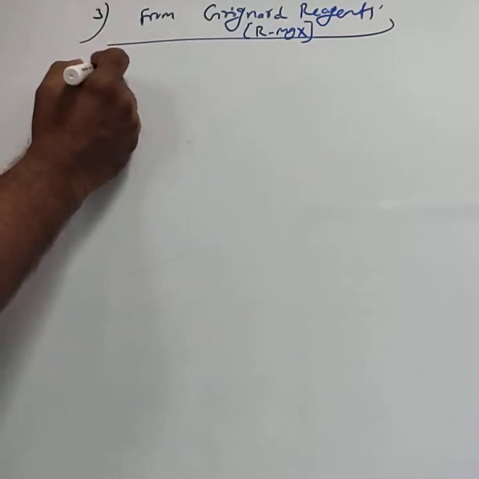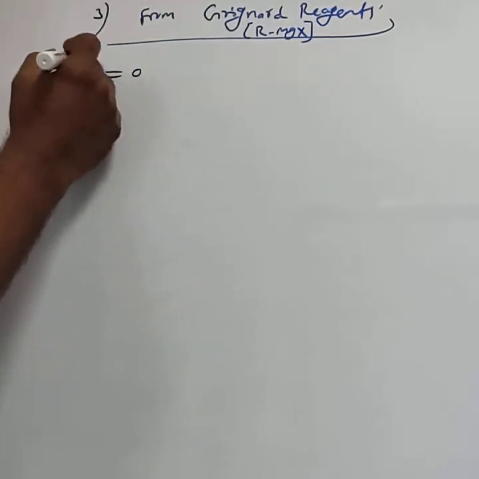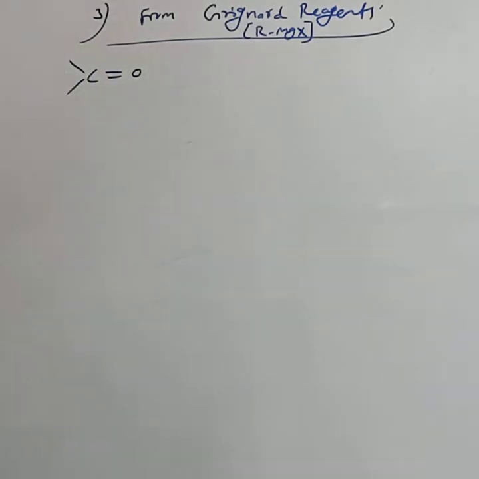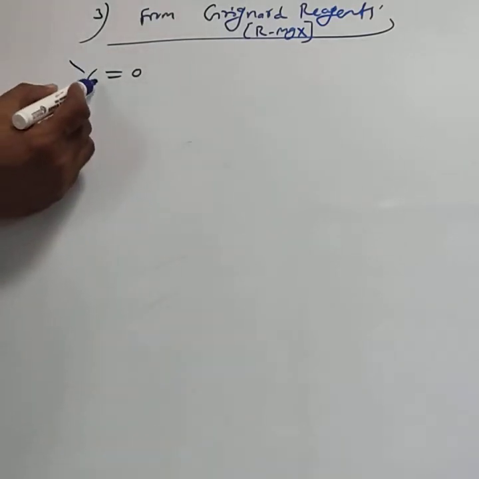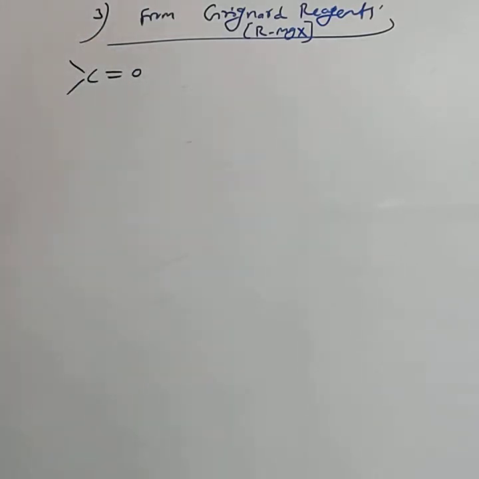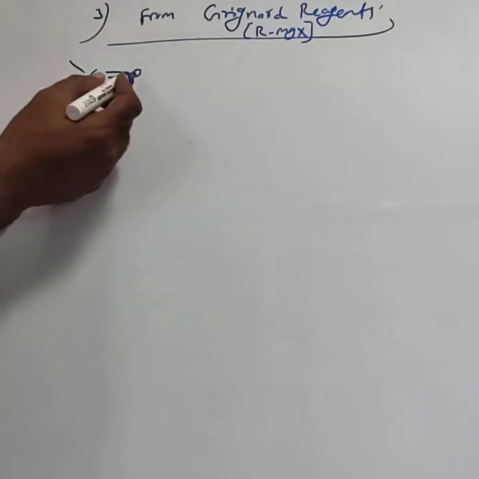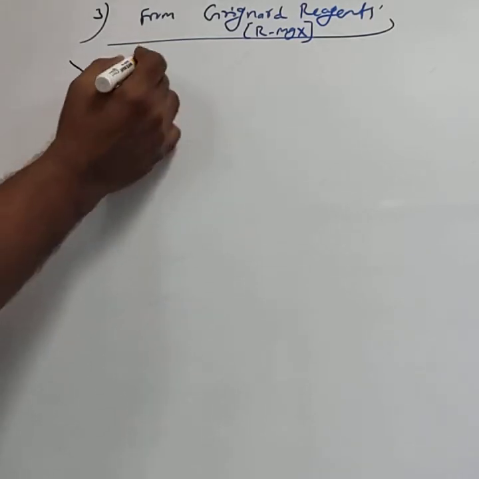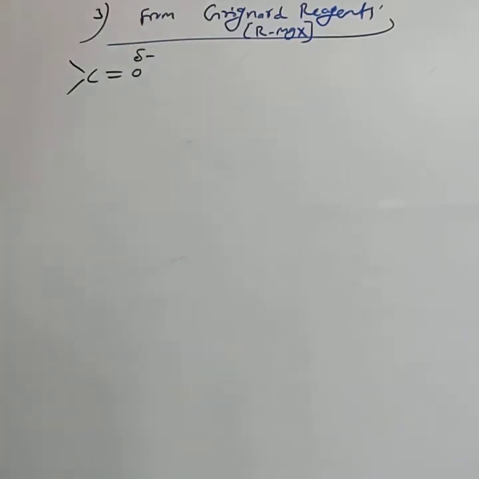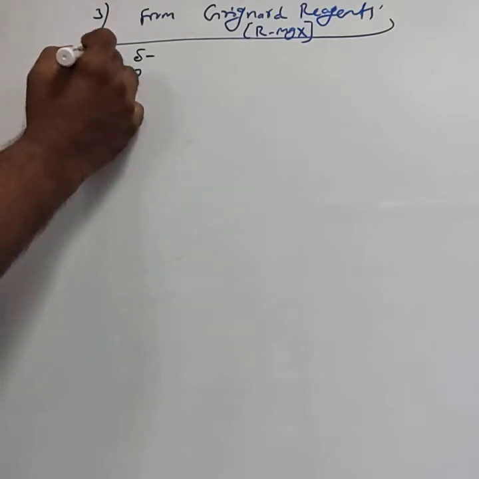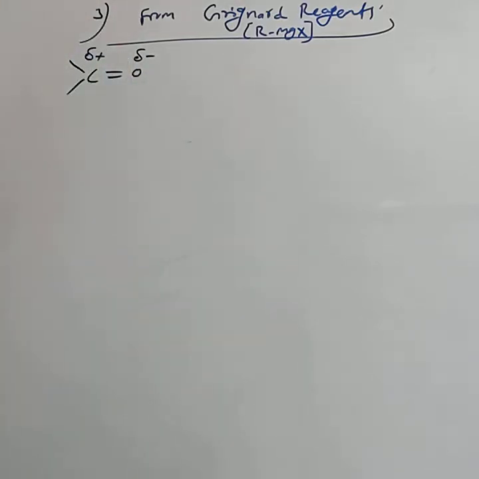For that, we use the carbonyl group. That carbonyl may be either aldehyde or ketone. Generally, we write C double bond O. This is the carbonyl group. In this carbonyl group, oxygen is more electronegative, so delta minus, and carbon delta plus.